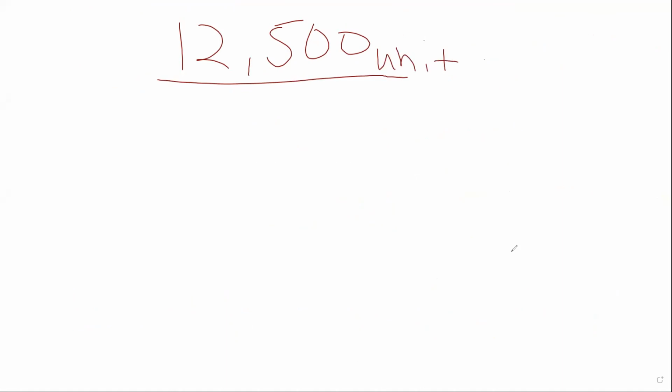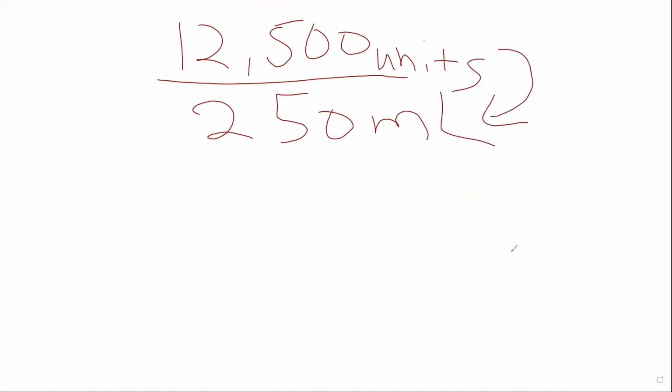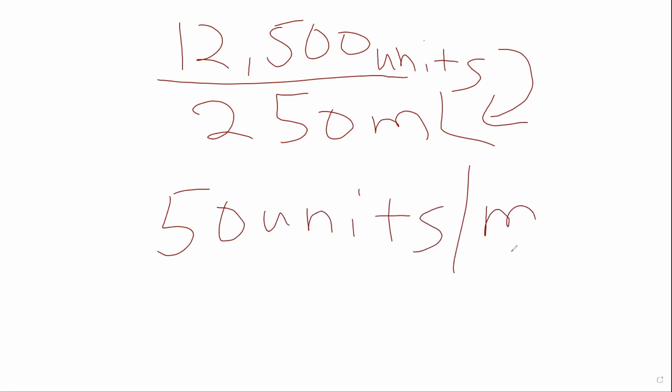Okay, so the first thing that we're going to do is take our 12,500 and divide that, because we have 12,500 units per 250 ml. We're going to determine how many units we have per ml. And we have 50 units per ml.